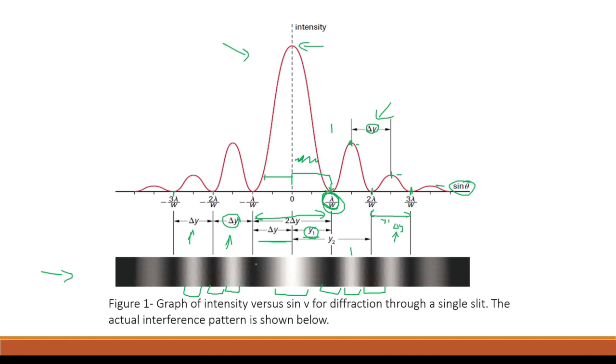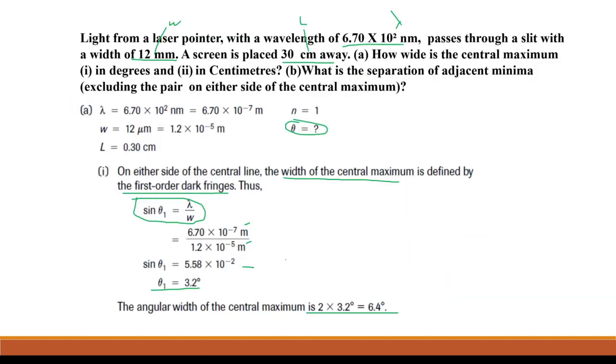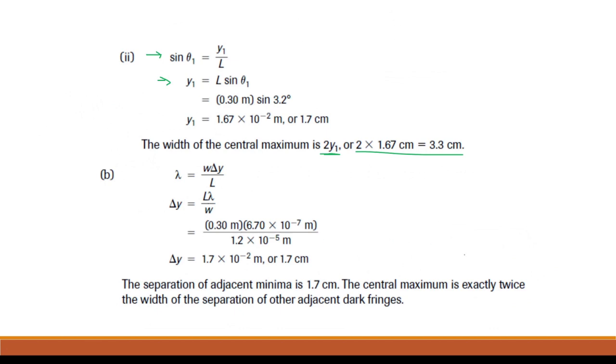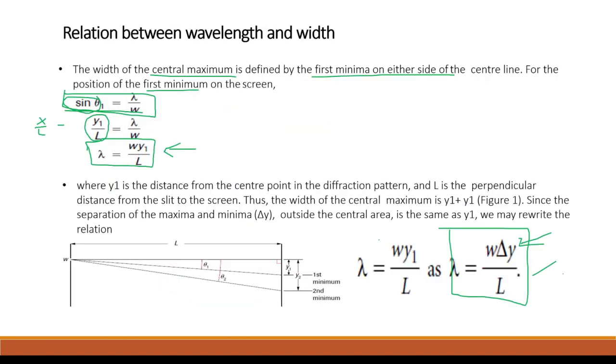So we're looking for delta y, the separation of adjacent extrema. And so we also said that beyond the first central maximum, we went from y1 to being able to say that delta y is the same for all extrema beyond that first central one, because it's double.